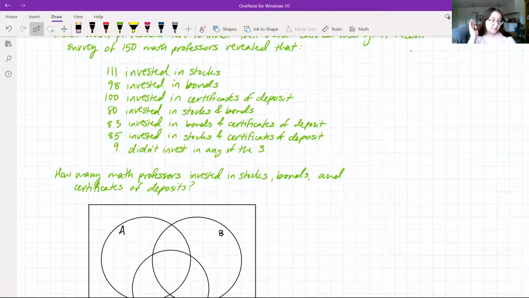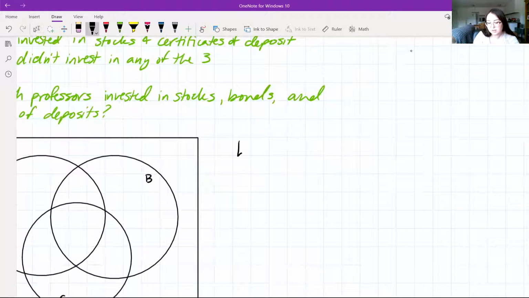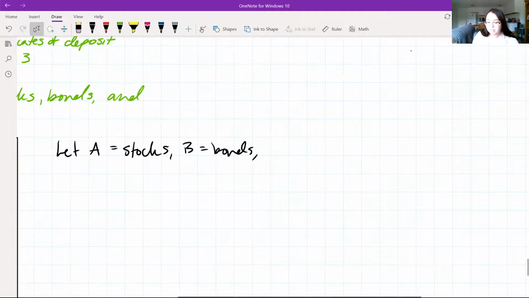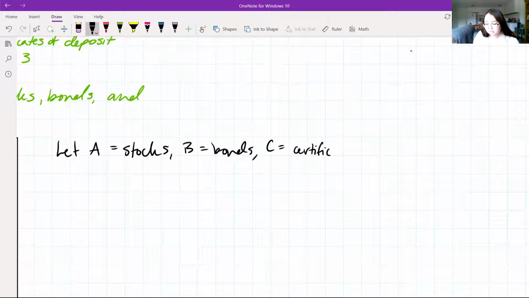All right, so first things first, let's label everything. So we're going to let A be stocks, B is bonds, and C is going to be certificates of deposit.